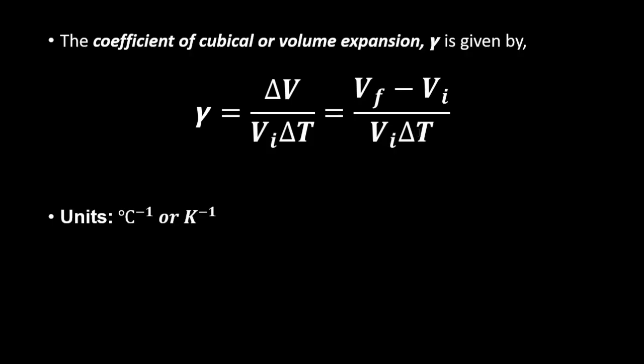Volume is in the numerator and in the denominator, Vf minus Vi and Vi have the same units, so they cancel out, and we have delta T in the denominator, so the units are degree Celsius inverse or Kelvin inverse, same as linear and surface area expansion.